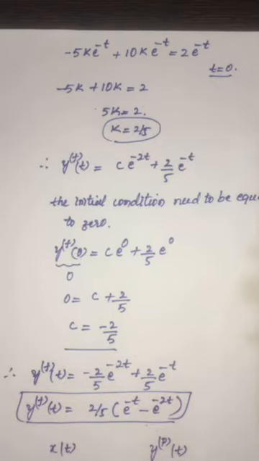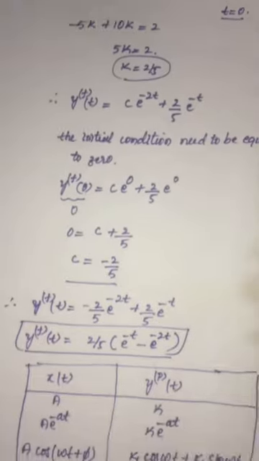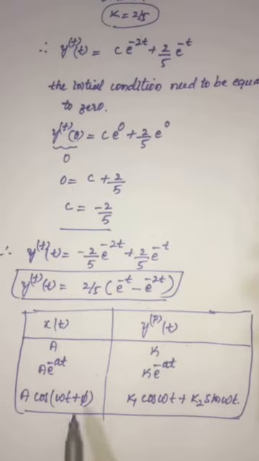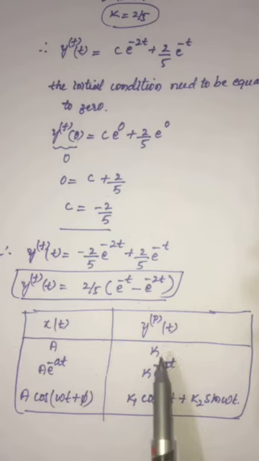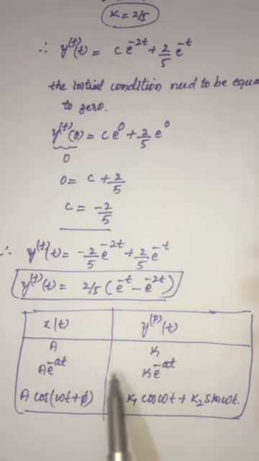If it is a cos omega t plus phi, then this will be k1 cos omega t plus k2 sin omega t. You should remember this table where, based on the type of the input, the particular solution will take the corresponding form. I hope this is clear to everybody.